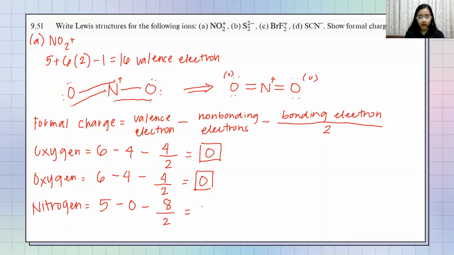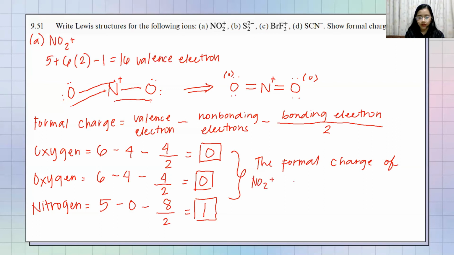So we get 1 positive charge. As you can see, we have 1 here. So the formal charge of NO2 plus is positive 1.